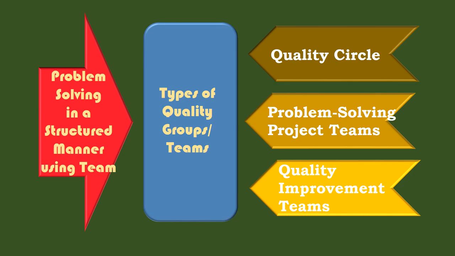Each week, they come together for 1 or 2 hours to discuss their problems, generate solutions, and implement them with the support of the management. Second is problem-solving project teams. When high-level leadership identifies the main problems of the organization, they set up project teams to address the issue and solve the problem. Third is quality improvement teams.